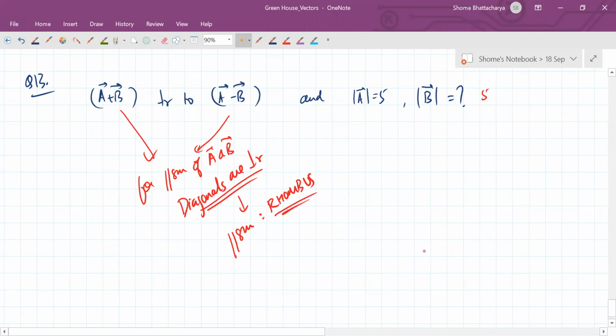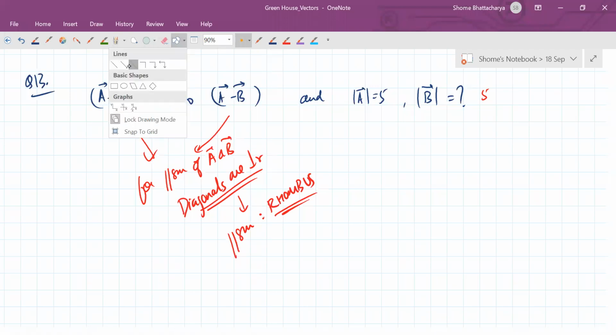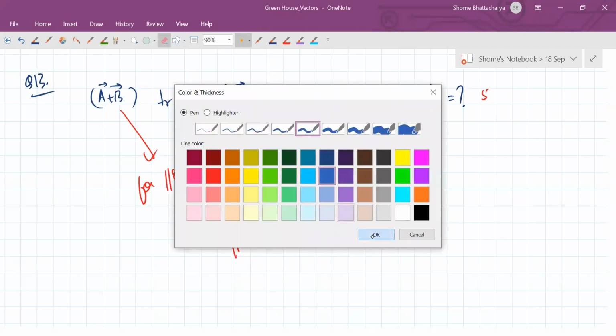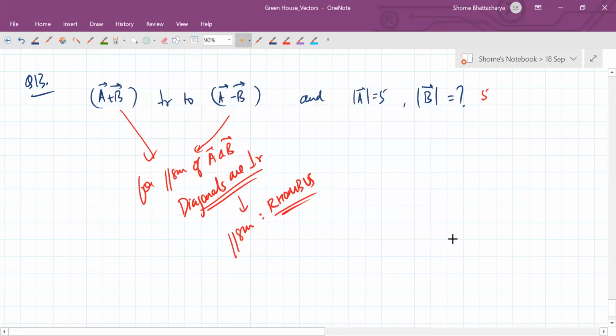Okay. It doesn't matter what the individual magnitudes of it are. It could be an acute angle between them. It could be an obtuse angle also. It could be a rhombus of this type also.